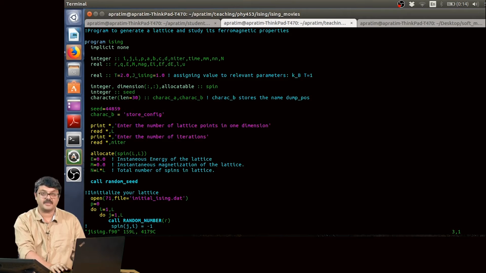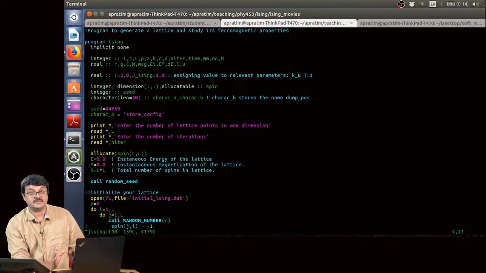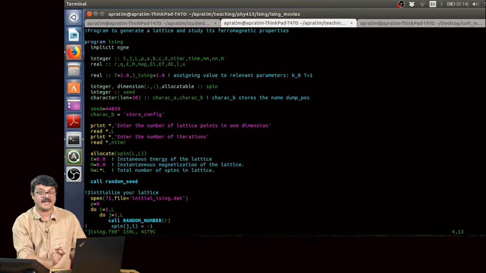Okay, it's a Fortran 90 code. Its name is Ising, program Ising. I have defined implicit none, which is a safe thing to do. So, you do not end up making any miscalculations, all the variables you have to define by hand.